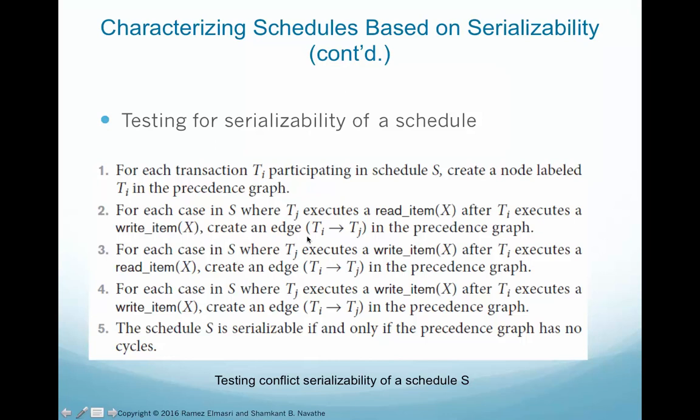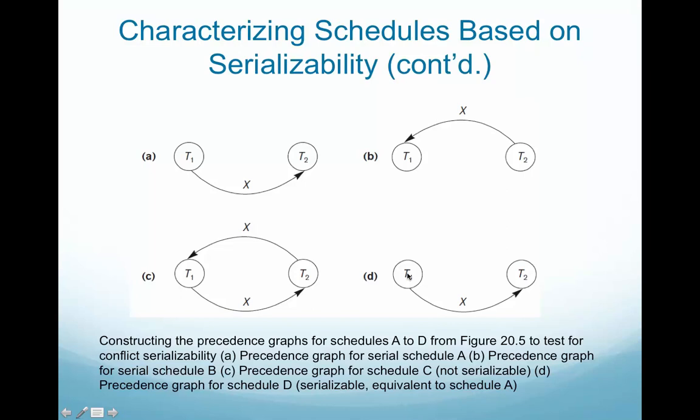Then say there's another transaction Tj, and depending on what items they are reading or writing, a precedence graph is created. As you can see in this figure, the first one is a serial schedule where transaction T1 first reads X, or does some operation on X, followed by T2. So that's a serial schedule. B is also a serial schedule.